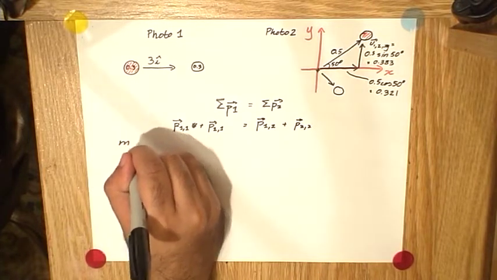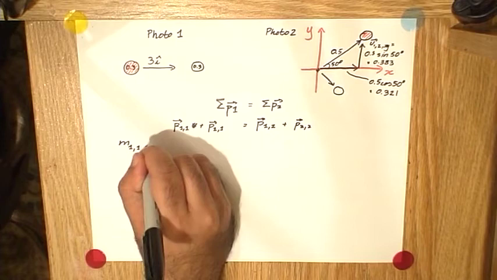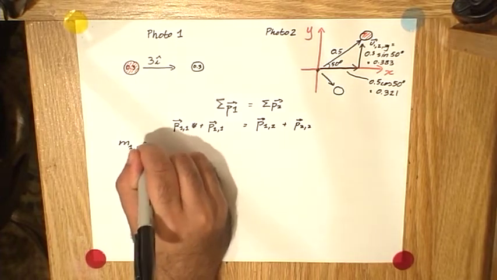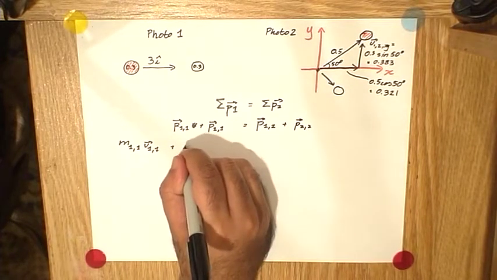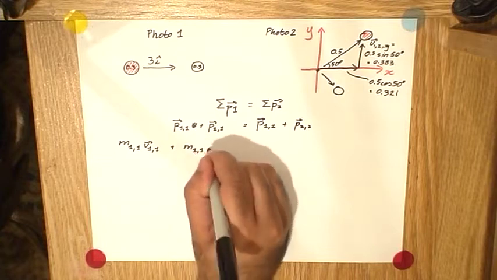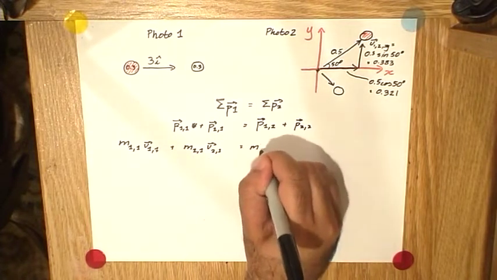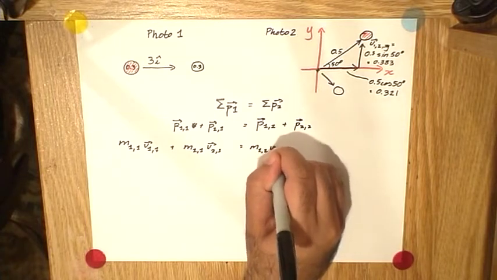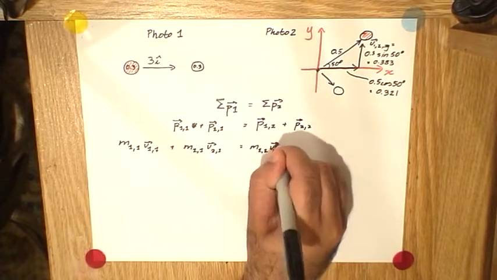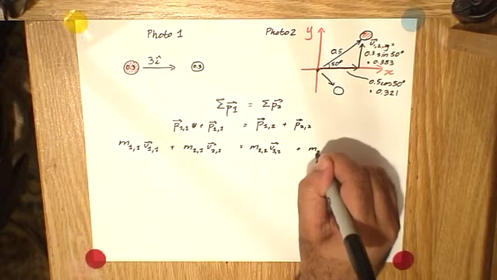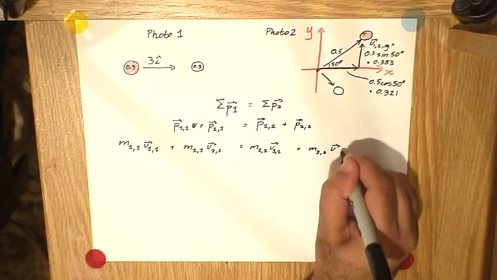The mass of ball 1 photo 1 times the velocity of ball 1 photo 1 plus the mass of ball 2 photo 1 times the velocity of ball 2 photo 1 is equal to mass of ball 1 photo 2 times velocity of ball 1 photo 2 plus mass of ball 2 photo 2 times velocity of ball 2 photo 2.